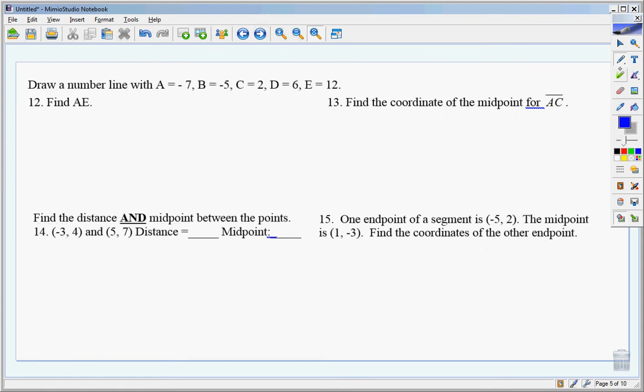Number 10 says draw a number line. Label point A as being -7. Label B as being -5. Label C as being 2.